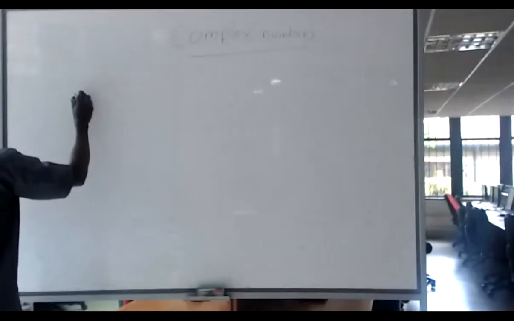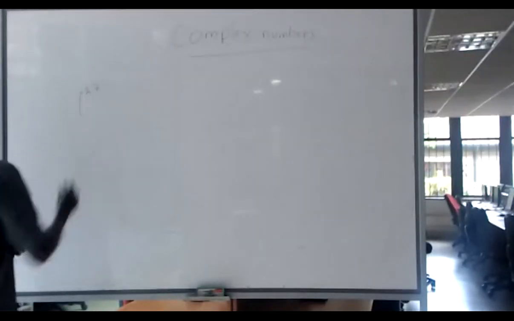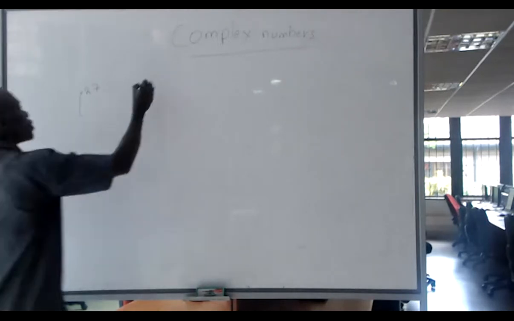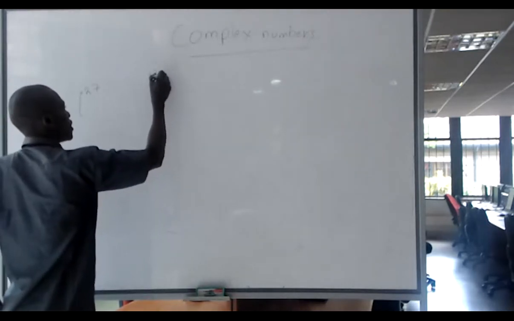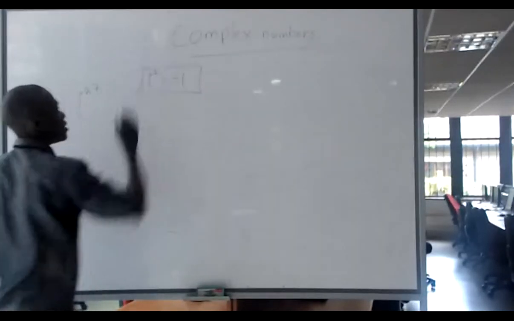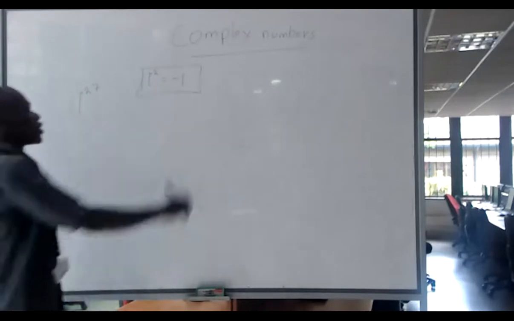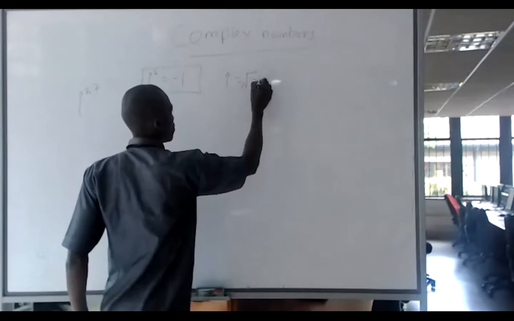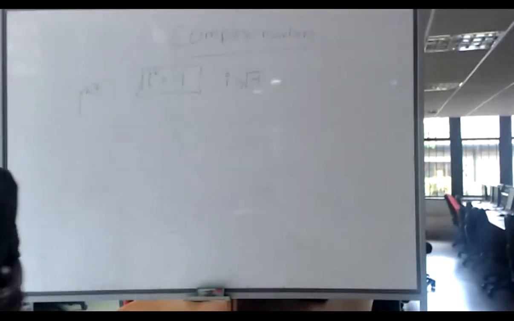So I gave you I to the 27. Did I get it right, Abdi Hakim? Yes, I to 27. The only thing you need to remember is that I squared is -1. This has become like a song now. I squared is -1 because we defined I as the square root of -1.